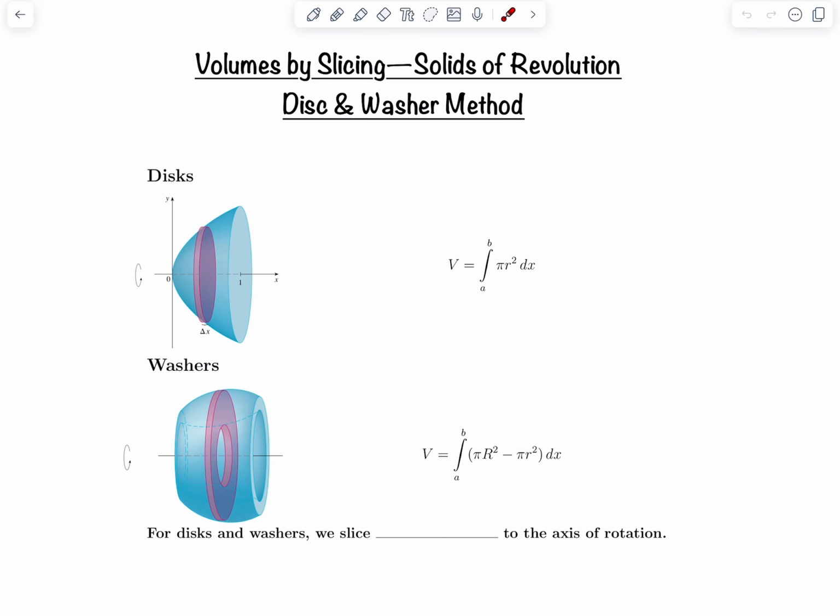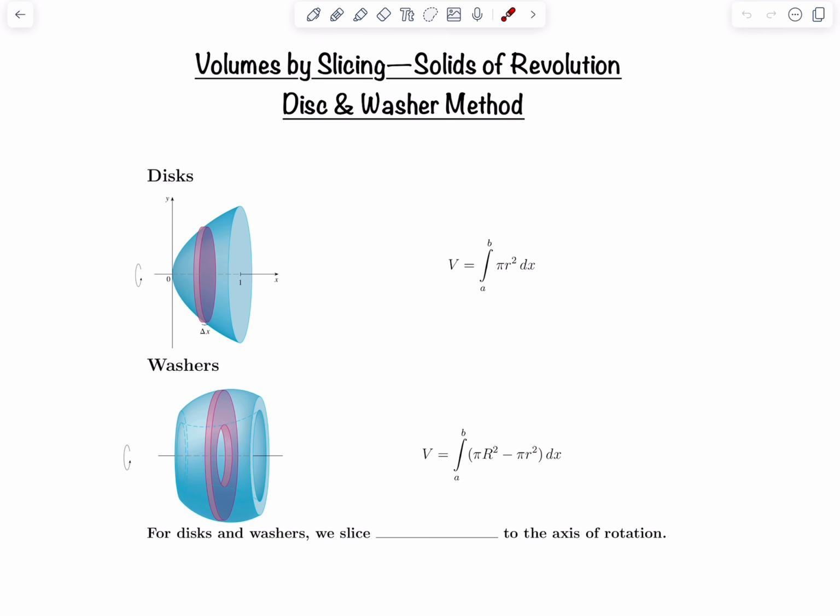And so in order to compute the volume of this solid, we want to add up the area of each of these little discs. And the area of a disc is pi r squared. It's basically a circle. And so if we add them all up by integrating from a to b, pi r squared dx, then we get the volume of this solid.